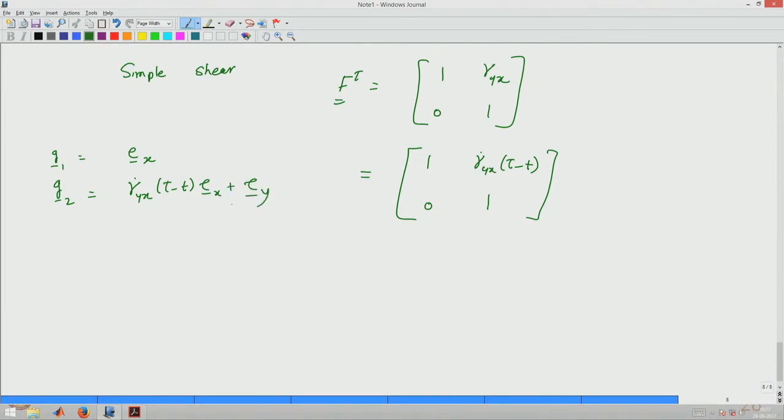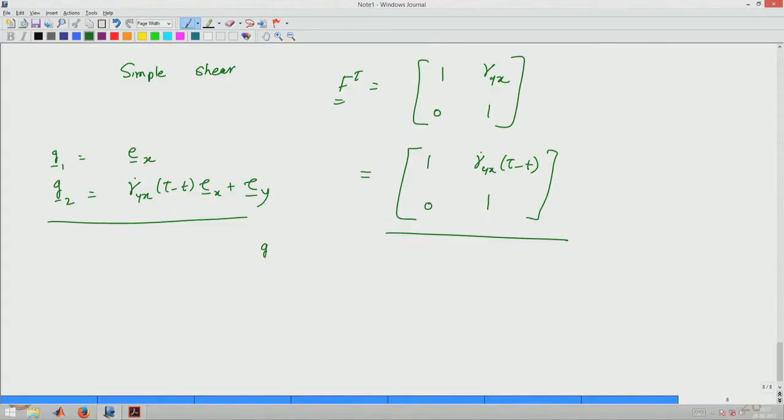So, you can see how these quantities G1 and G2 and the deformation gradient F contain the same information, and in fact, in tensor notation we can write this as the base vector is related to the deformation gradient, and we can find the appropriate base vector by looking at whichever fixed coordinate unit vector.